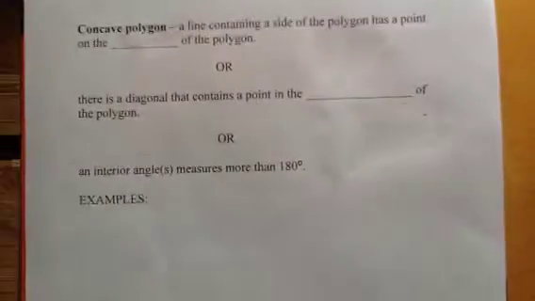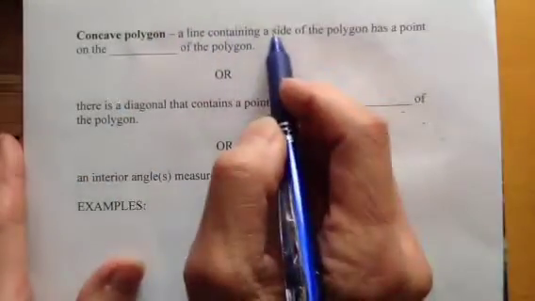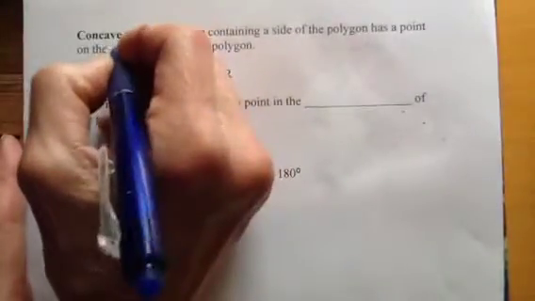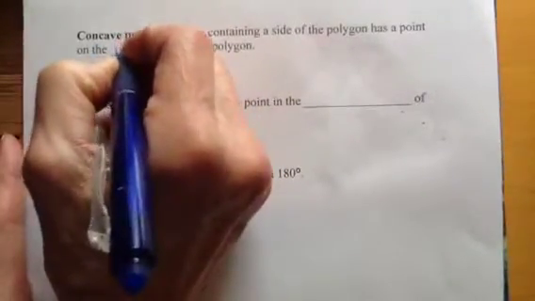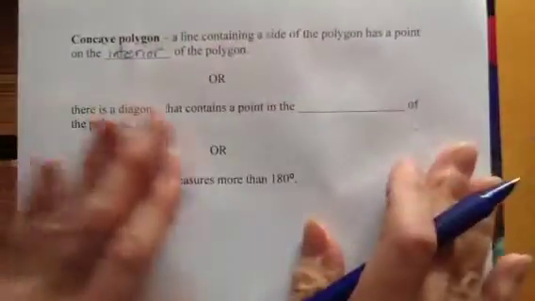The next one, concave polygon. A line containing a side of the polygon has a point on the interior of the polygon.